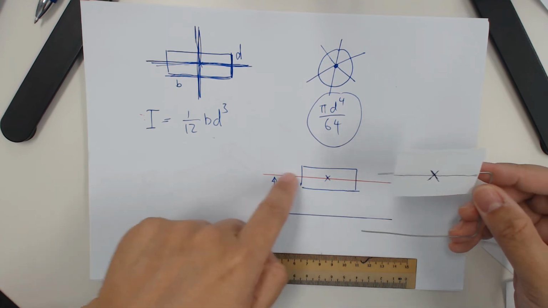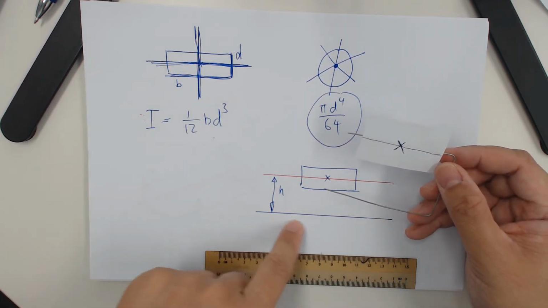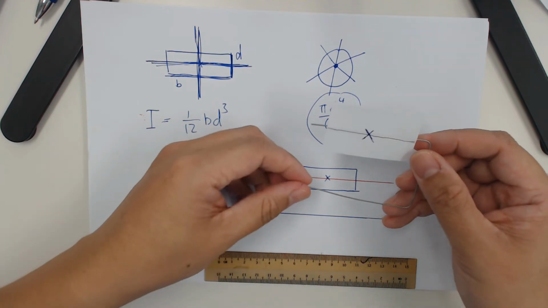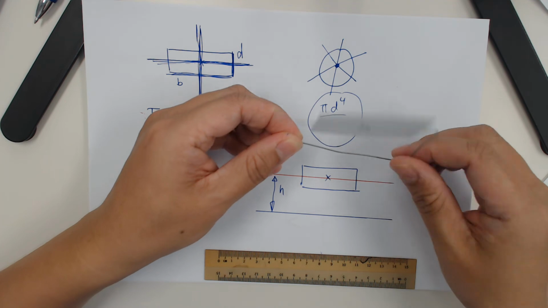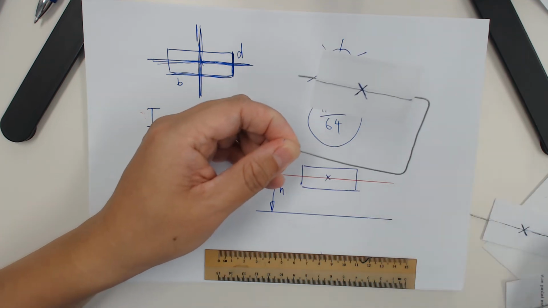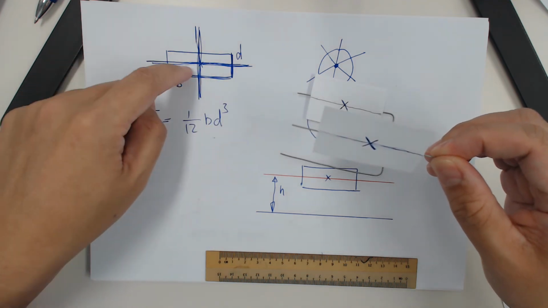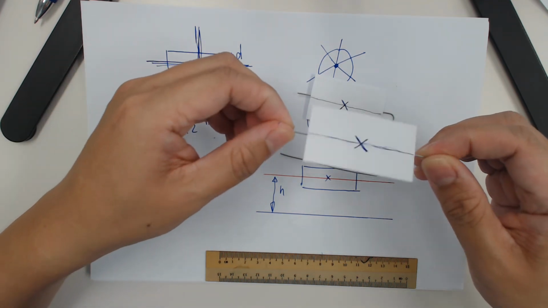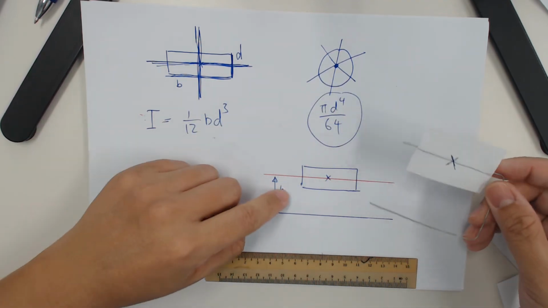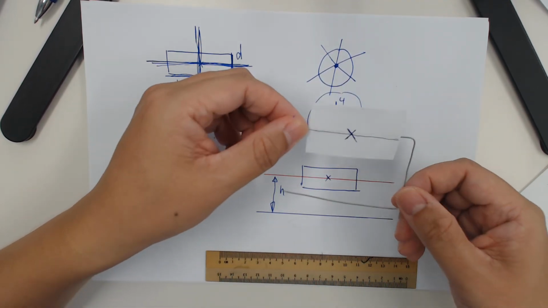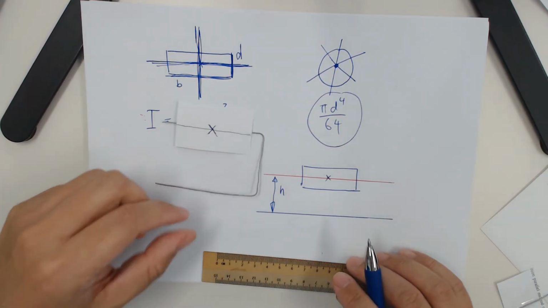But I want to find the I when it is rotating about here. So you're actually looking at the rectangle doing this kind of rotation. Compared to the original, where the I would be 1 over 12 B D cubed, this one will be more complex. How complex? It's actually just an additional term.